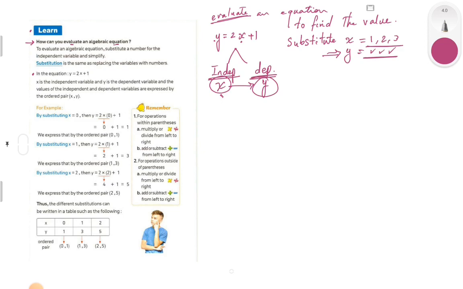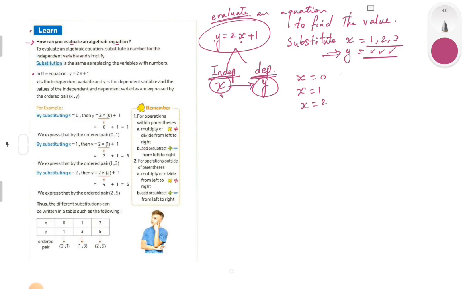Now we have to find this equation value by substituting x equal 0, then x equal 1, then x equal 2.